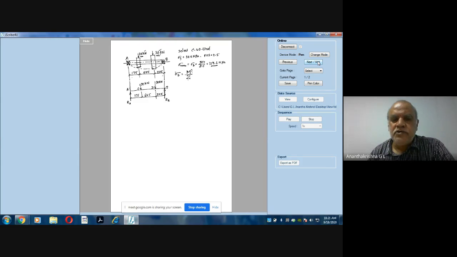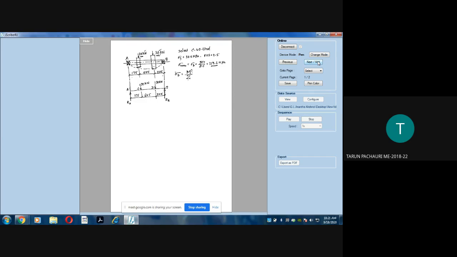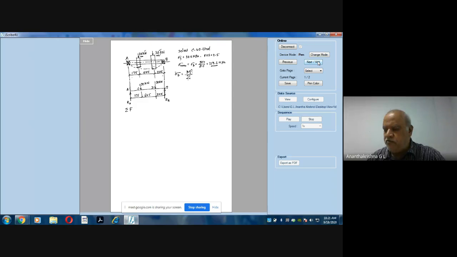By using our basic mechanics knowledge: what have we learned in basic mechanics? Forces and moments balance each other and will be equal to 0. Sum of vertical forces is equal to 0, acting upward I take as positive.